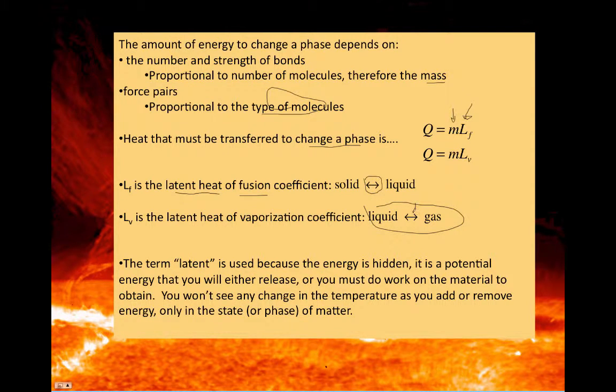Again, a two-headed arrow, so it's going from liquid to gas or gas to liquid. Which way it goes will determine a positive or negative direction. The term latent is used because the energy is hidden. It's potential energy you're either going to release or you must do work on the material to obtain. You do not see a change in temperature as you add or remove heat, only a change in the state of matter.